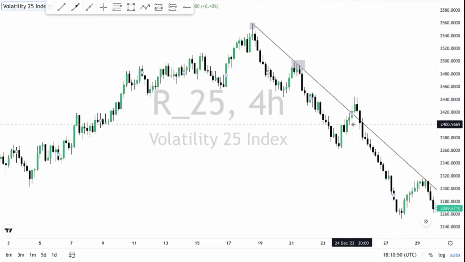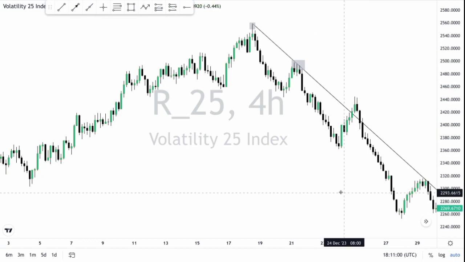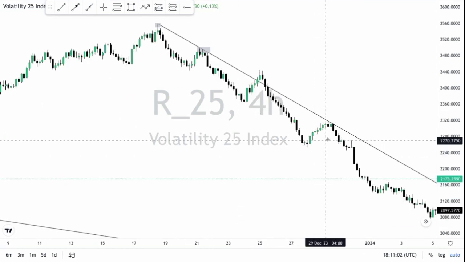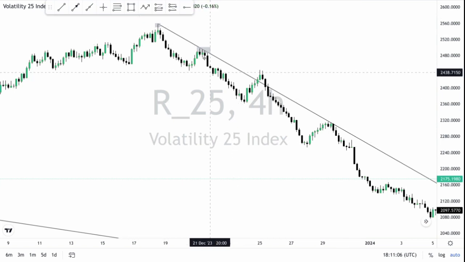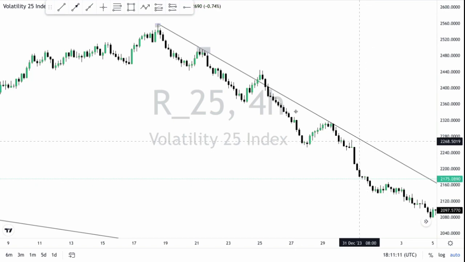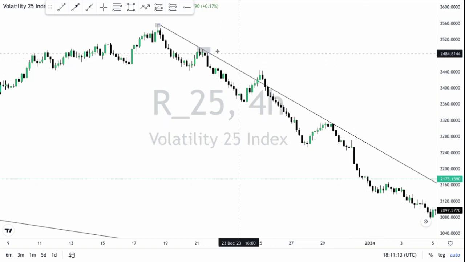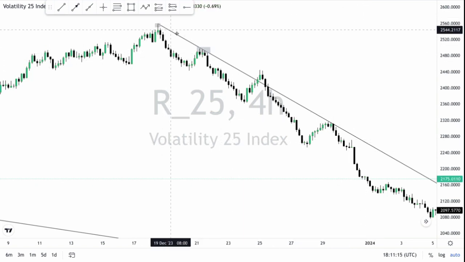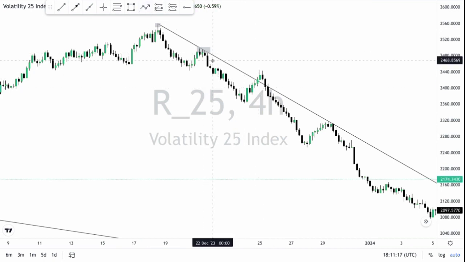So it came here. This is a fake breakout, but we can say this is a touch of a trend line. Let's continue and see. This was a nice touch again. If you can see that the trend is not breaking above this line, this signifies that we are in a downtrend, right?